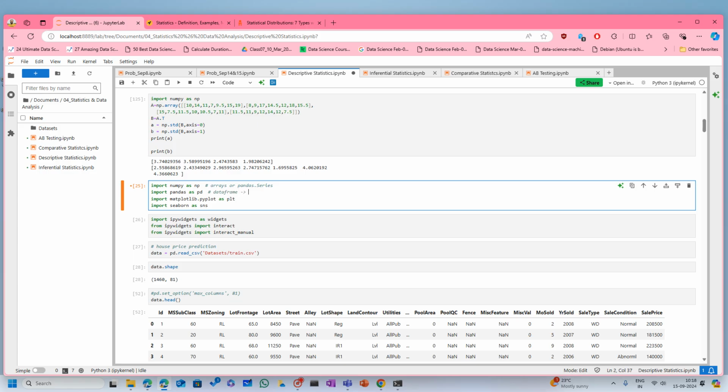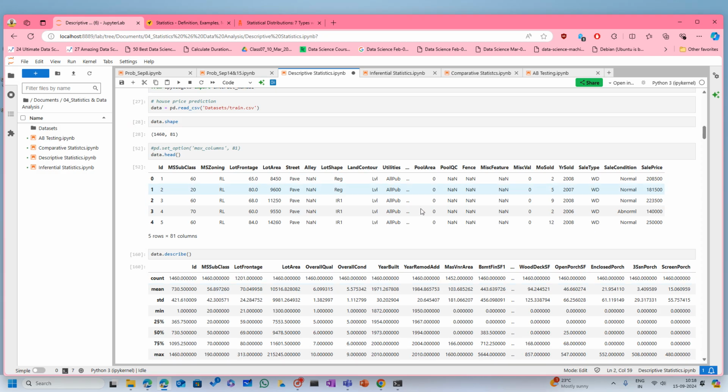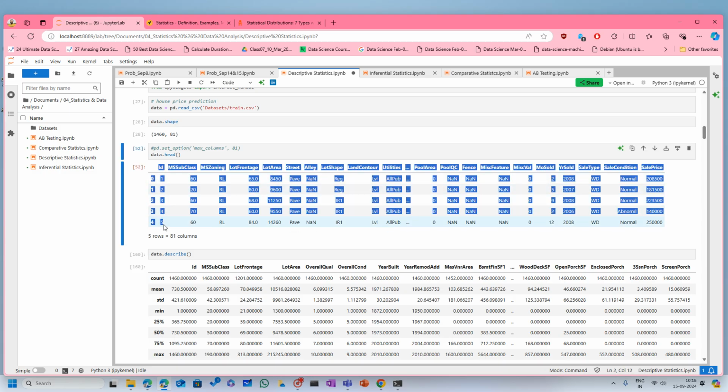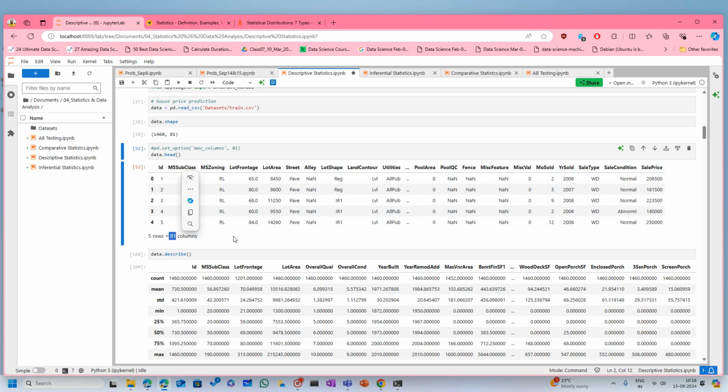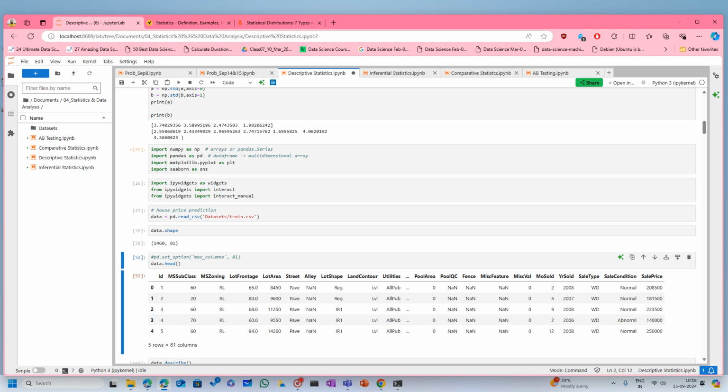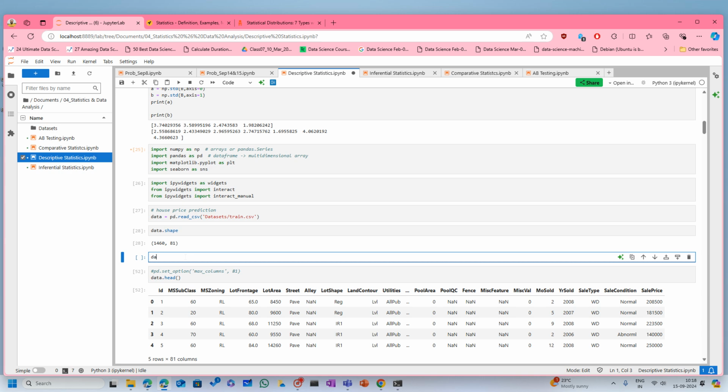Now a data frame is nothing but a multi-dimensional array. Multi-dimensional arrays we already have seen, right? 2 dimensions. If you take one row only, one column only, then it becomes 2 dimensions. But because this has 81 columns, it becomes 81 different ways the data is arranged. And five rows are there, right? Anyway, don't worry about the dimensions. We'll see the dimensions; for that also we have a function if you want to understand.